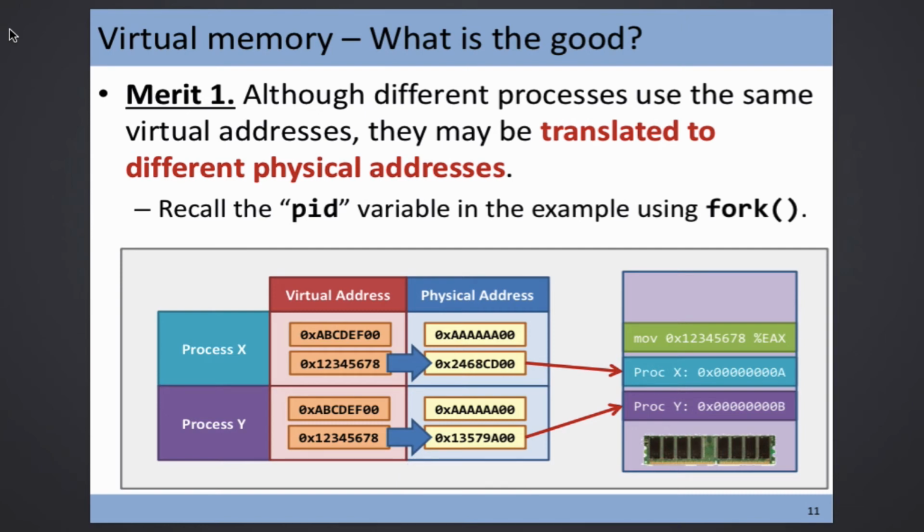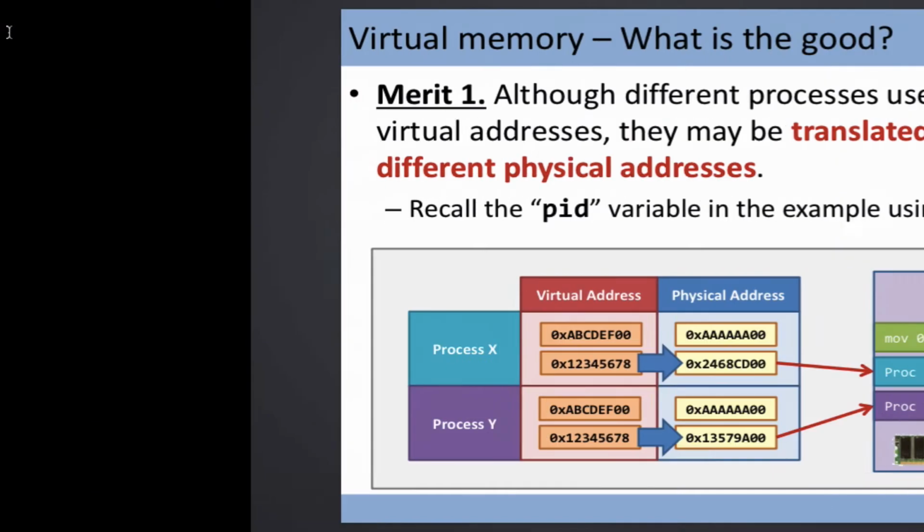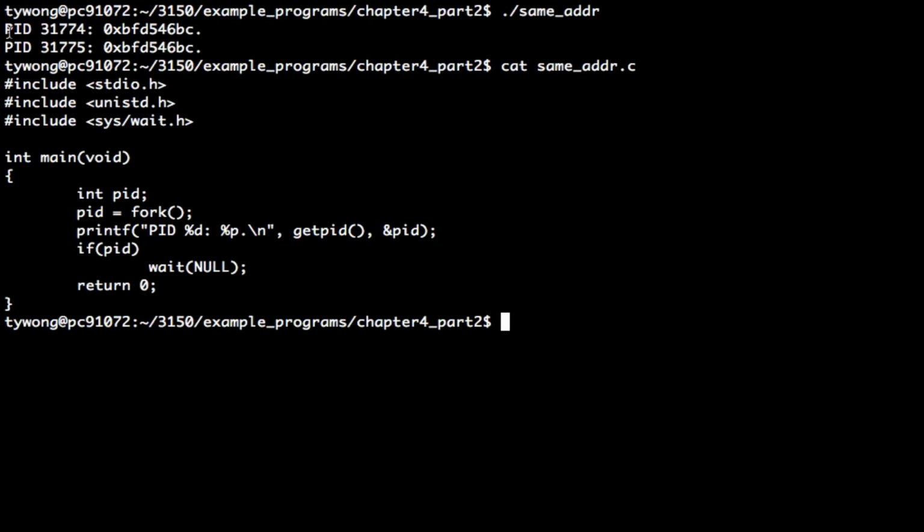Two different processes, let's say process X and process Y, although they use the same set of virtual memory, they may map to different physical addresses. And this is the trick. Any problem? Easy. This is a mapping. So that means the previous fork program, now we can explain what exactly is happening inside the fork.